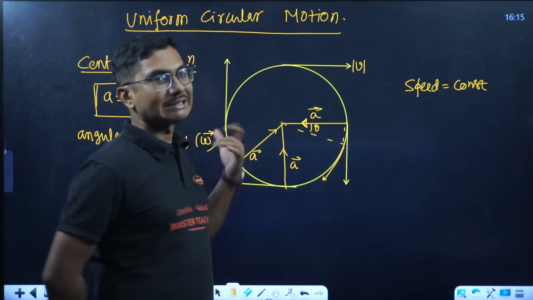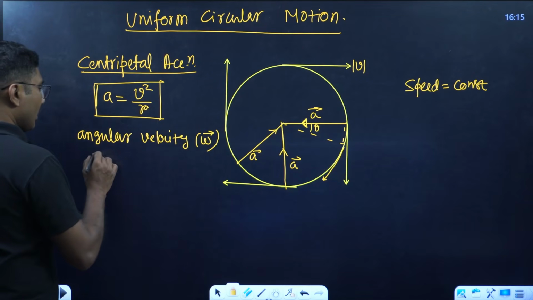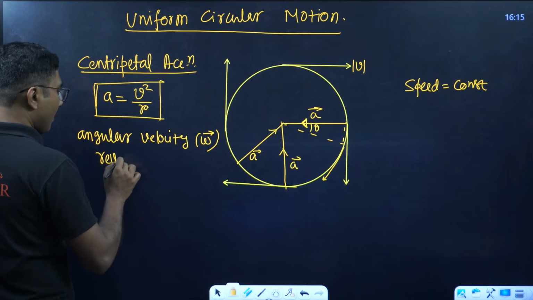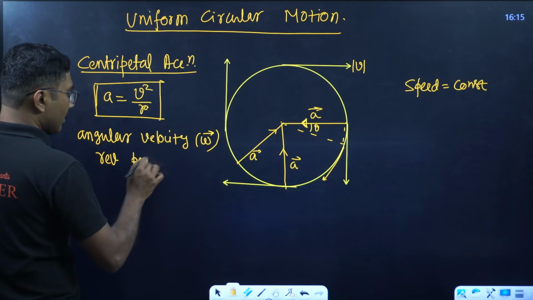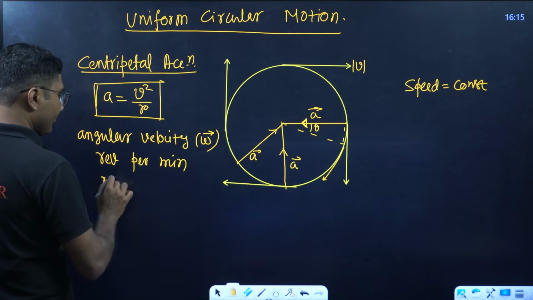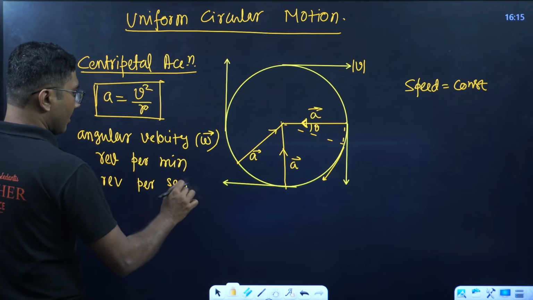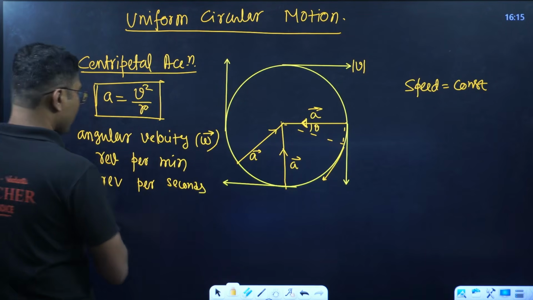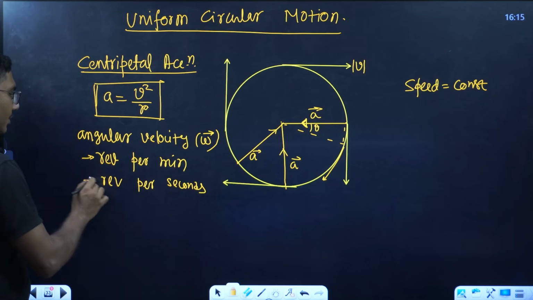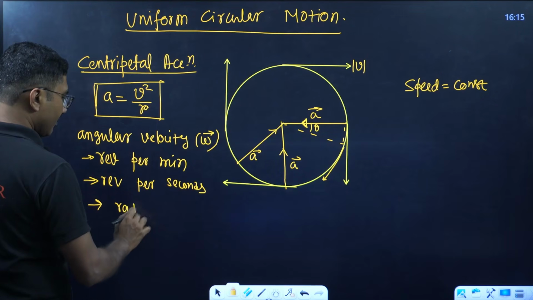But in many cases it has other units. For example, revolution per minute or revolution per second. These are also units of angular velocity, but the main SI unit is radian per second.